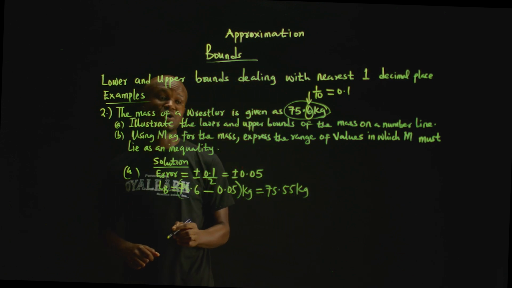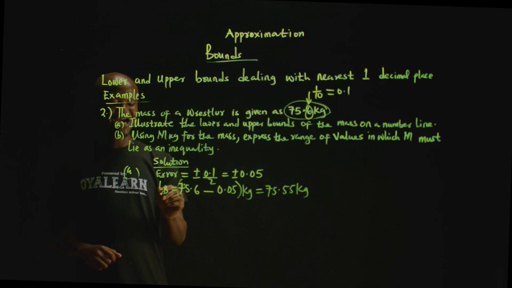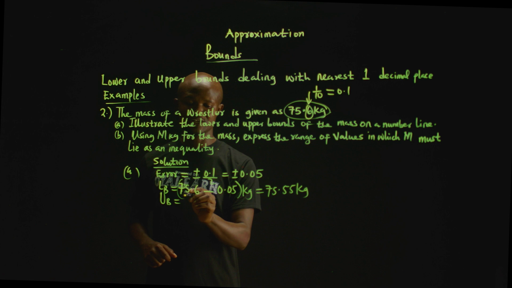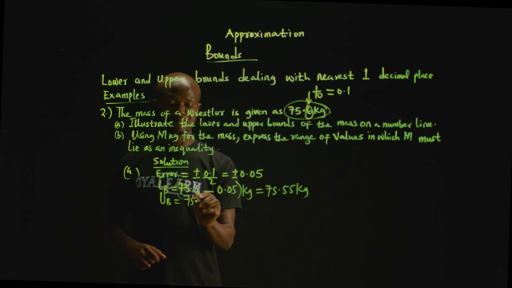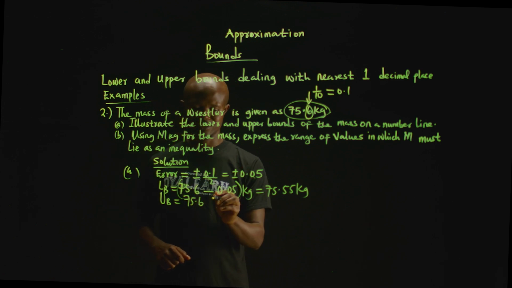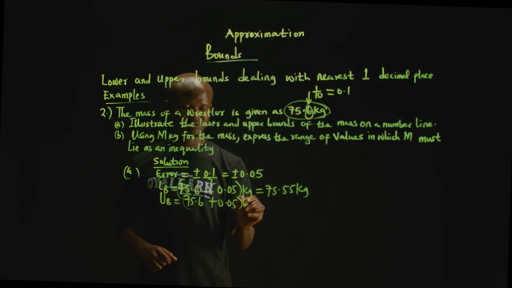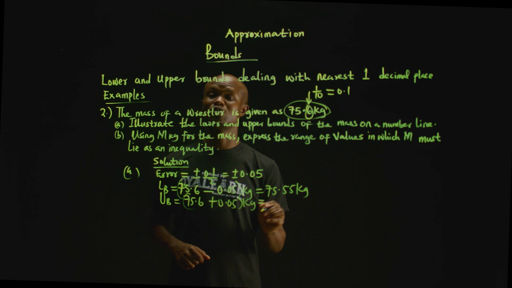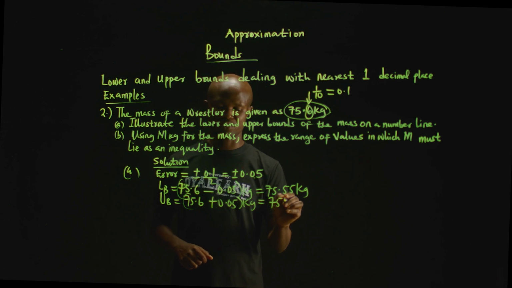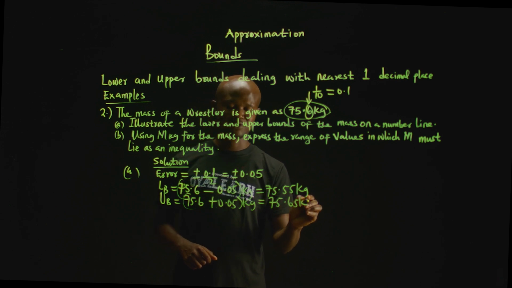That is for the lower band. We also need to find the upper band. For the upper band, we are going to have 75.6 plus 0.05 kg. This will give us 75.65 kg.